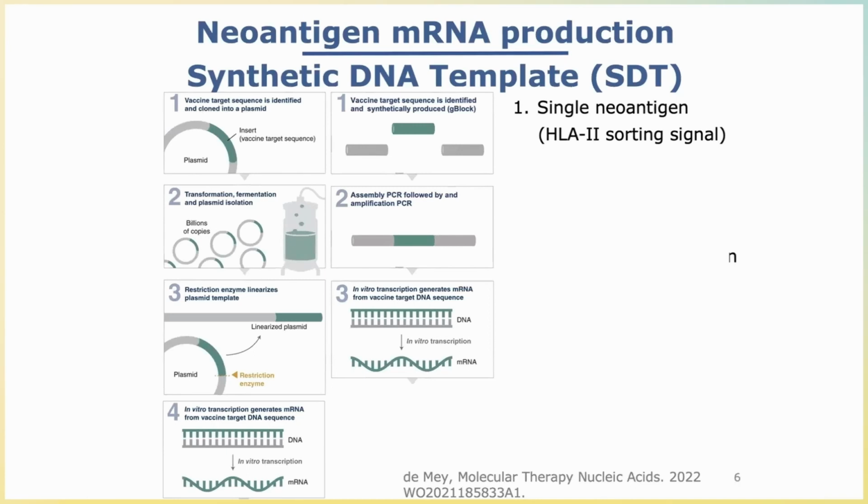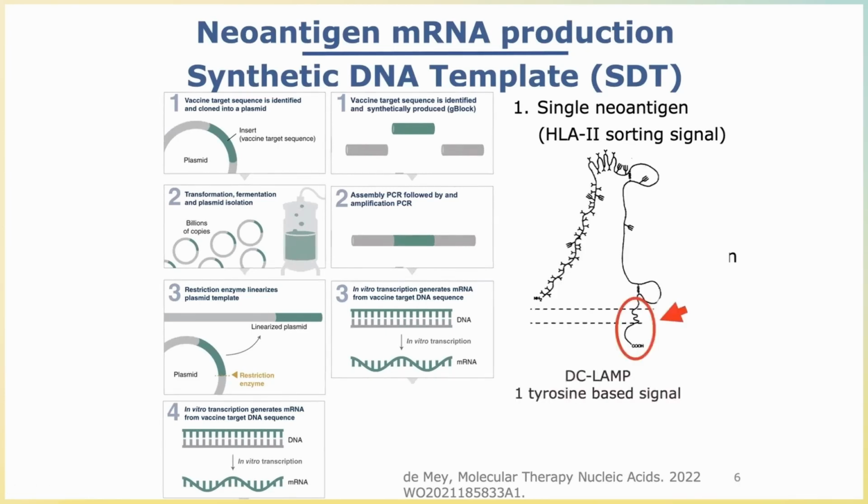What I should also mention is that our single neoantigen is coupled to what we call an HLA class II sorting signal. And this HLA class II sorting signal is actually the sorting signal of dendritic cell lysosomal associated membrane protein, which is a membrane protein that is depicted here, and that actually has a tyrosine-based signaling molecule, which is shown here in the red circle.